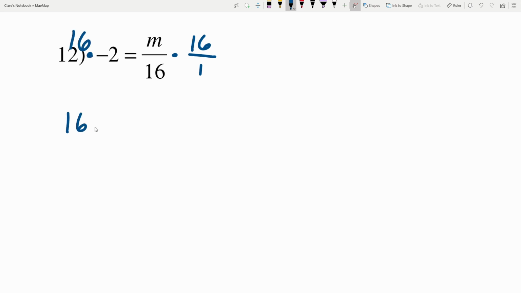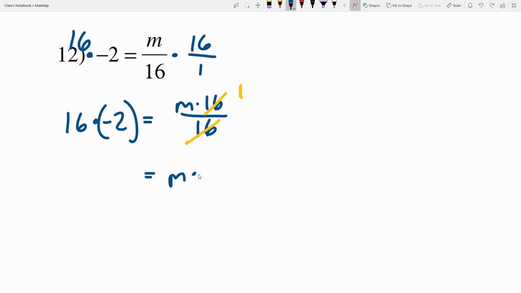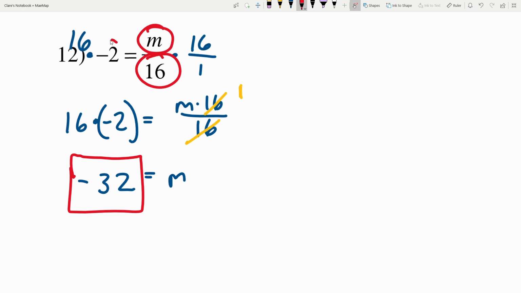So I'll have 16 times negative 2 on my left-hand side, and that's going to be equal to m times 16 over 16. 16 divided by 16 is going to be 1, so I'll have m times 1, which is simply m for my right-hand side, and 16 times negative 2 is going to be negative 32. Negative 32 is my solution in number 12. And think about it. If we go back to this original, negative 32 divided by 16 does indeed equal a negative 2.